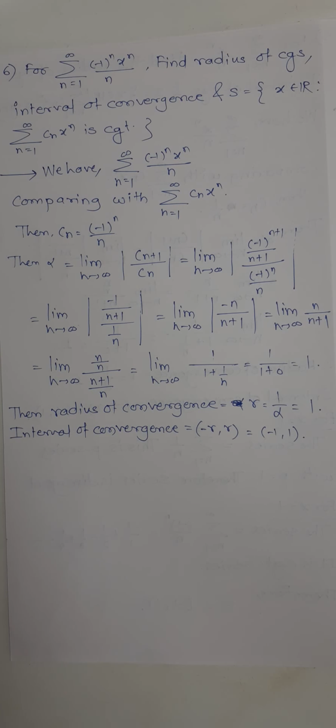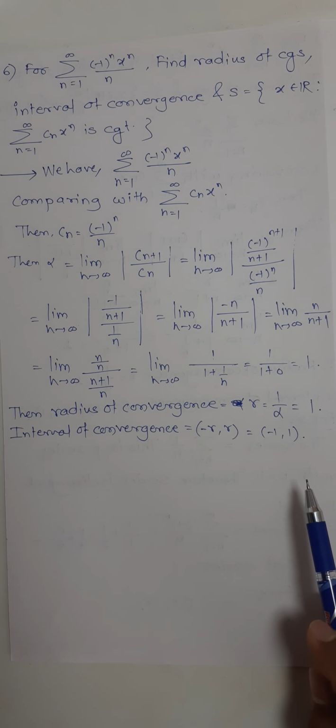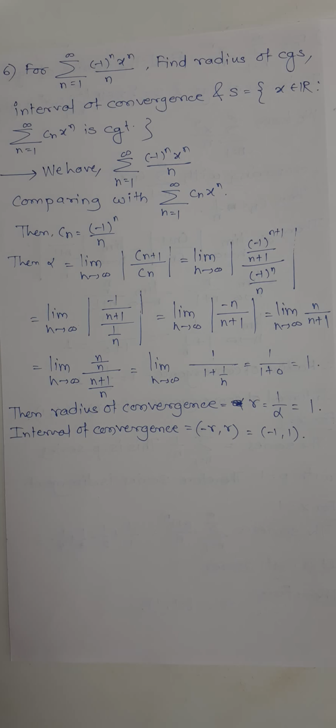The last point is that we have to find the set S, the set of points at which the series is convergent. Obviously, for all points of this interval of convergence the series is convergent, but we have to check the convergence at the boundary points, that means at 1 and -1. I will try 1 first.